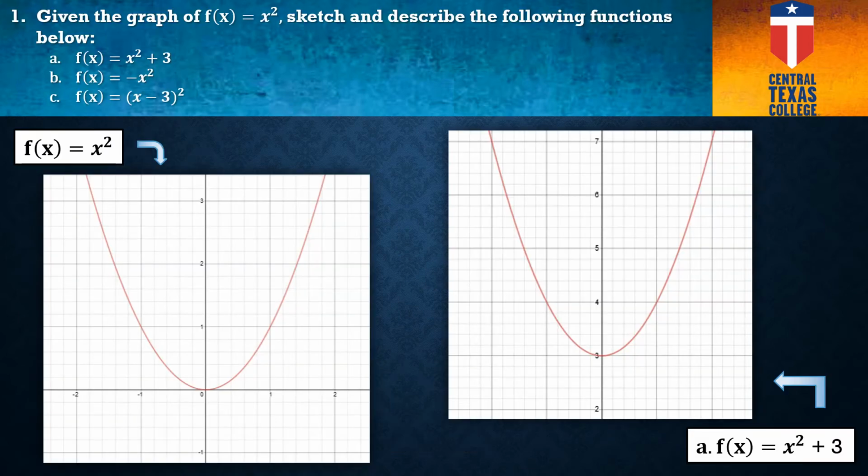Let's see some examples. For question 1, we have the given graph of f(x) = x squared, which is a parabola. We will sketch and determine the following questions below. For part A, we have f(x) = x squared + 3, which was shifted 3 units up from the original graph, as you can see here.